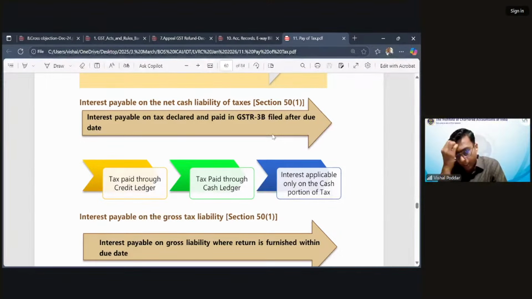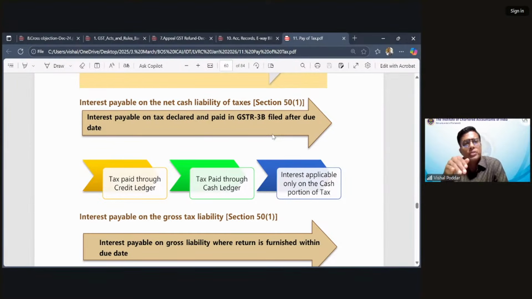However, when this benefit of netting is not available, let us say the transaction which is having the tax implication of 1000 is pertaining to the month of August. I filed the August return in time, but I forgot to report this transaction in the August return. So this transaction is pertaining to August. I report it in the return of October, which now I'm going to file in November.